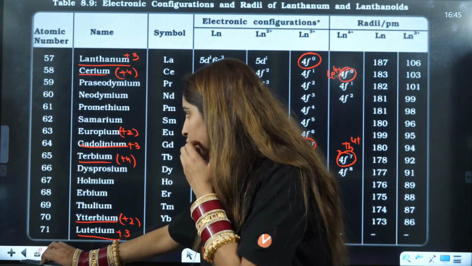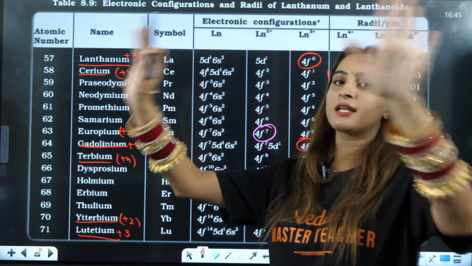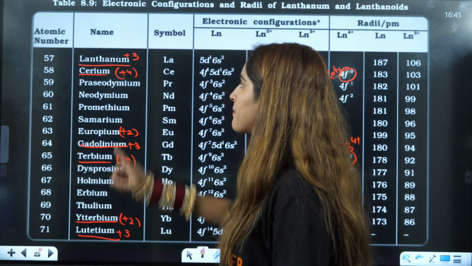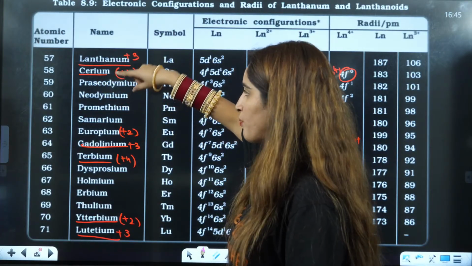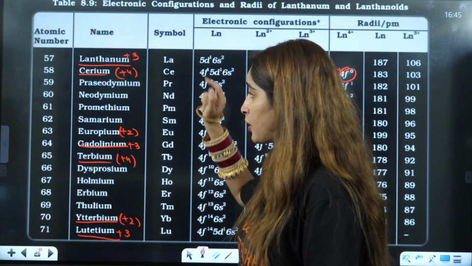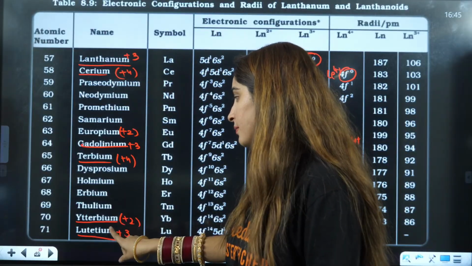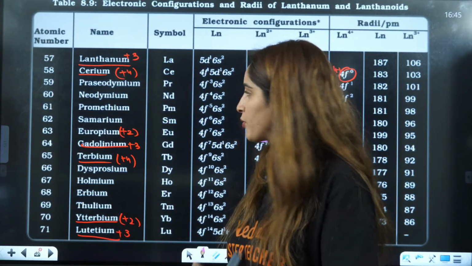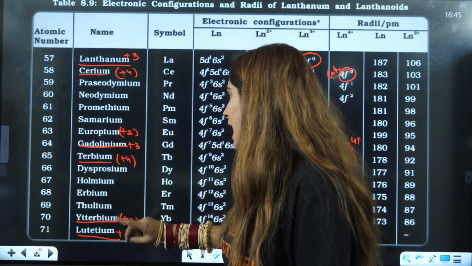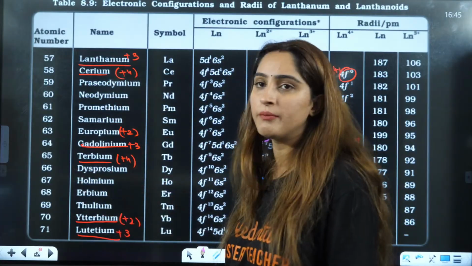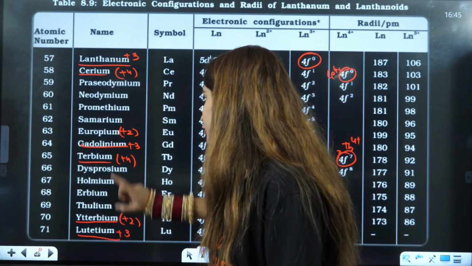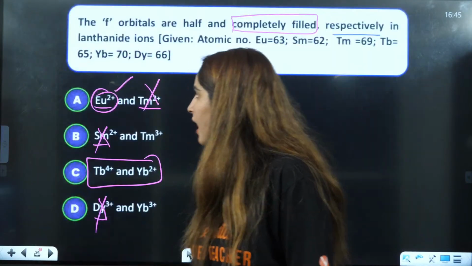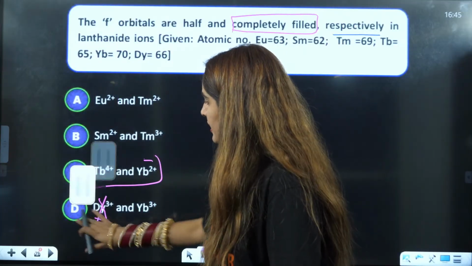Let's imagine there is some person who doesn't know which is half filled and which is fully filled. Now I told you, just remember lanthanum, cerium 4+, gadolinium 3+, terbium 4+, gadolinium and lutetium, lanthanum 3+. Then you have 2+ europium and you have ytterbium, right? All these are your stable electronic configurations.